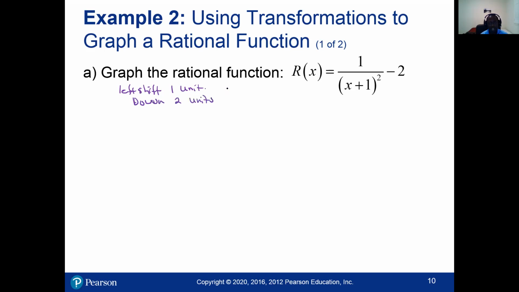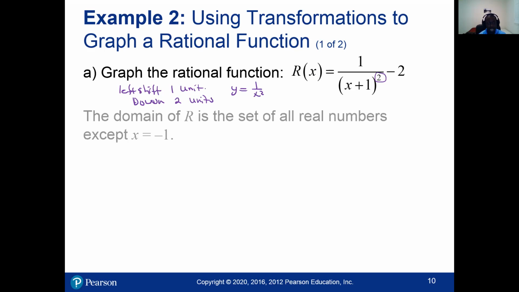Because the exponent is 2, it's going to resemble the graph of y equal to 1 over x squared. It's an even function, symmetric with respect to the x-axis. Sorry, the y-axis.